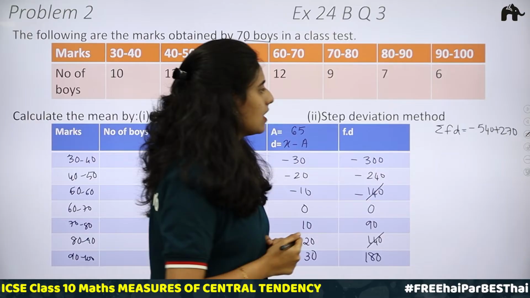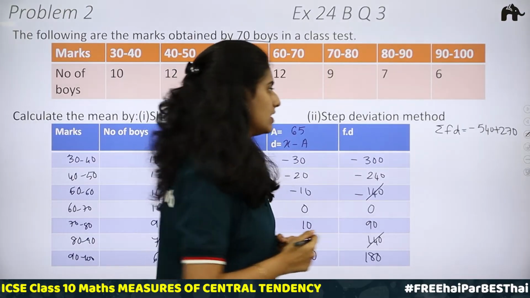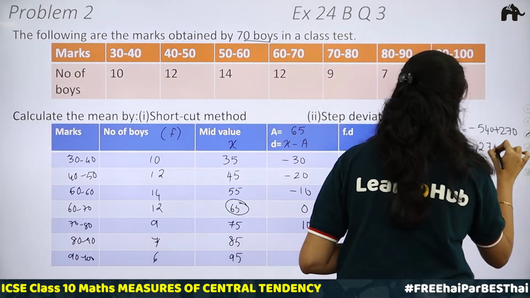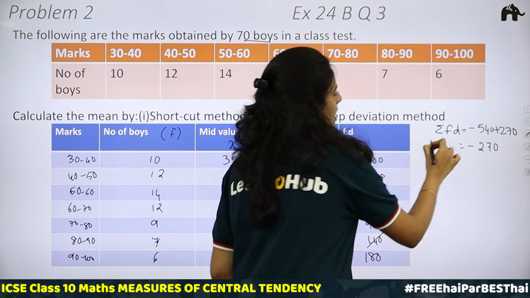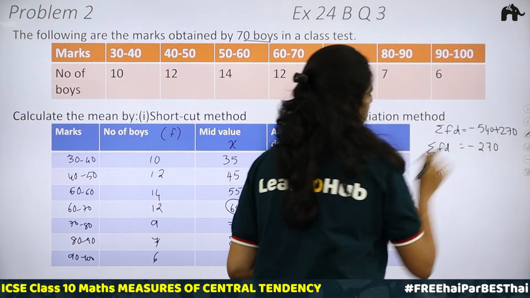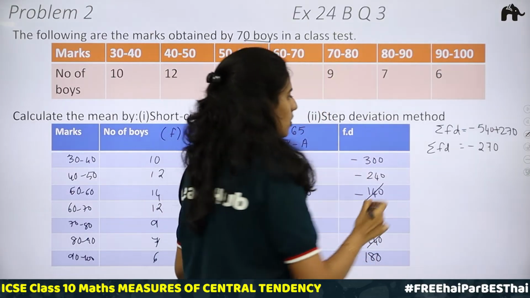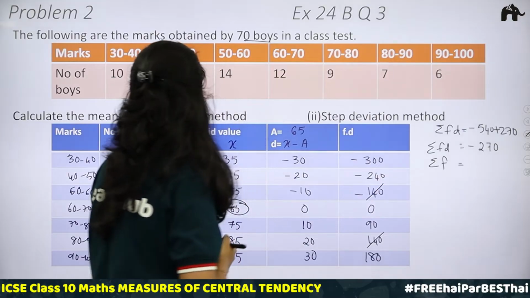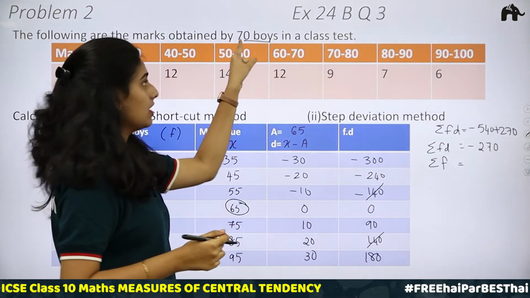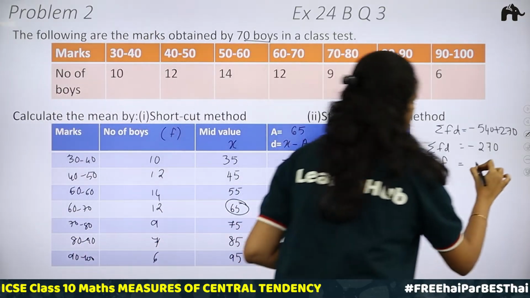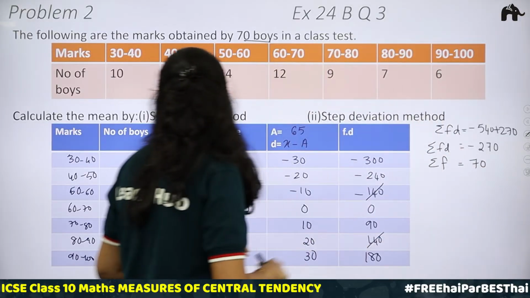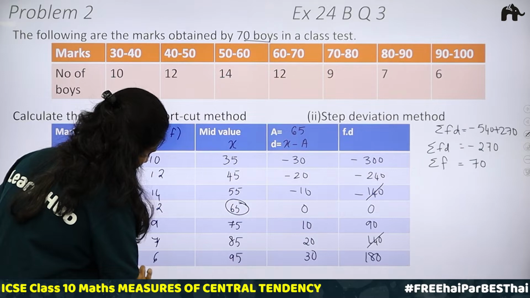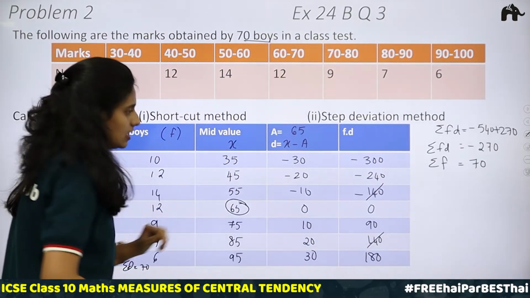Minus 540 plus 270, we will get minus 270. So summation FD is equal to minus 270. What about summation F? Summation F here is equal to 70, the total number of boys. Or just by adding these values, we get summation F equal to 70.